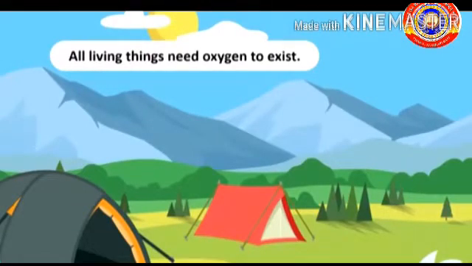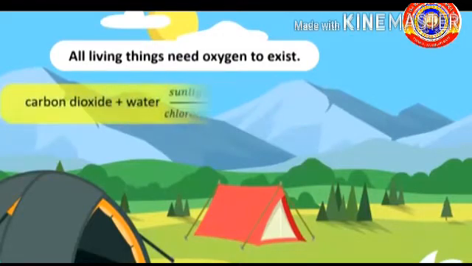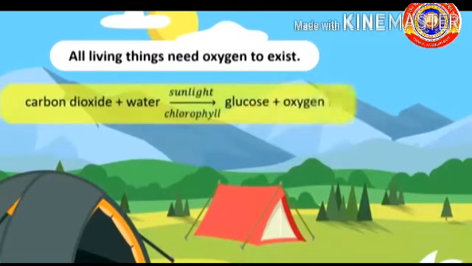Do you remember this equation of photosynthesis? Yes? Okay. Here you can see glucose and oxygen are the products of photosynthesis. And this oxygen is released from plants during daytime.